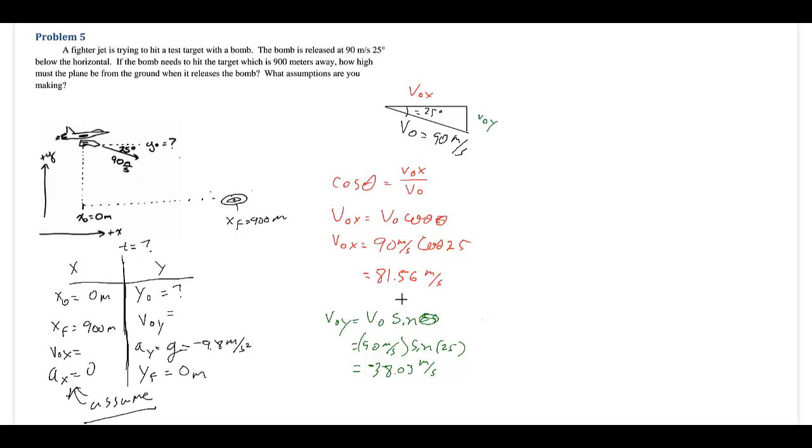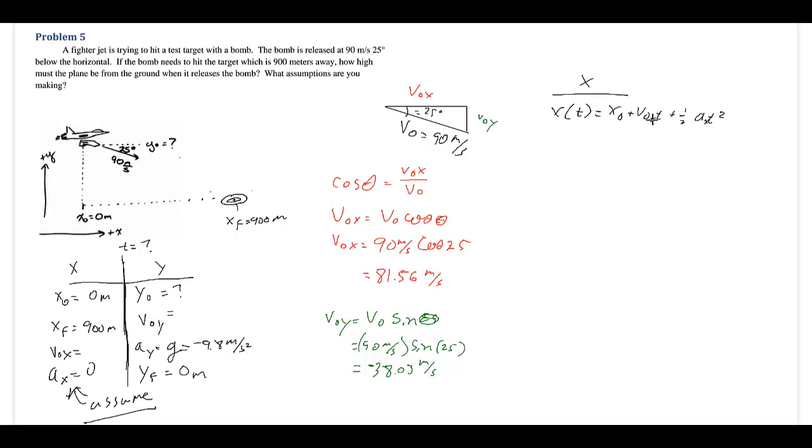All right, now that we know this information, let's start solving. So for the x direction, we know that it is 900 meters away. It is moving with a velocity in the x direction of 81.56 meters per second, and the acceleration is 0. So using position as a function of time, we find that x of t is equal to x initial plus v initial t plus 1/2 a t squared, a x t squared specifically.